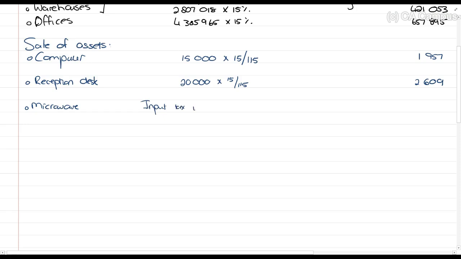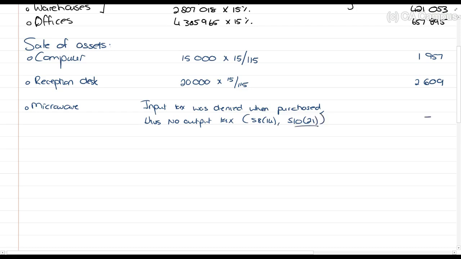Input tax was denied when purchased, thus no output tax. And this is from section 8.14, but even more so section 10.21 in this case.